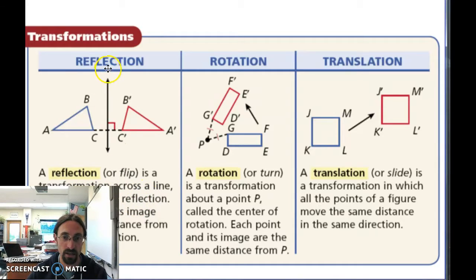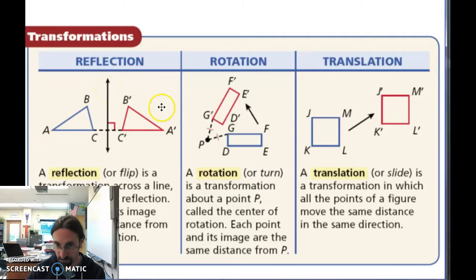The line could be the y-axis, it could be the x-axis, it could be a mother function, it could be any number of things, but somewhere there's a line by which everything flips over. In this picture here, this is a reflection over the y-axis, right? The x-coordinate of A becomes opposite. We're going to do a lot more of this later on.